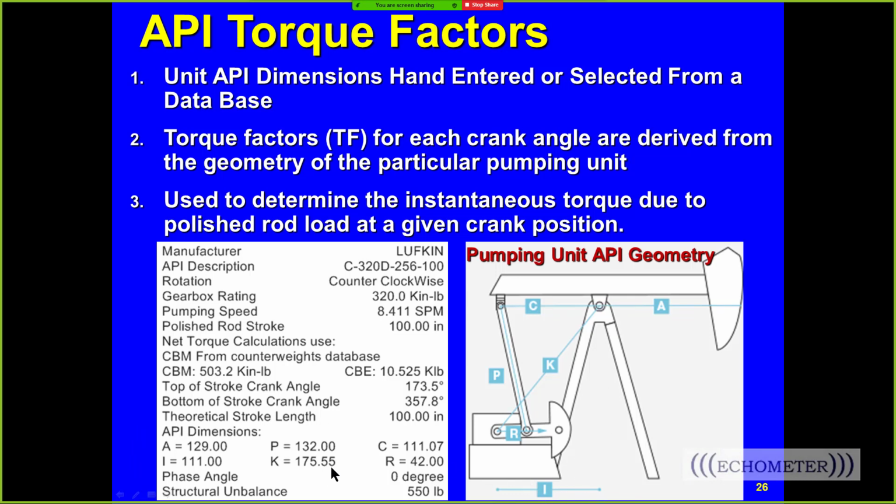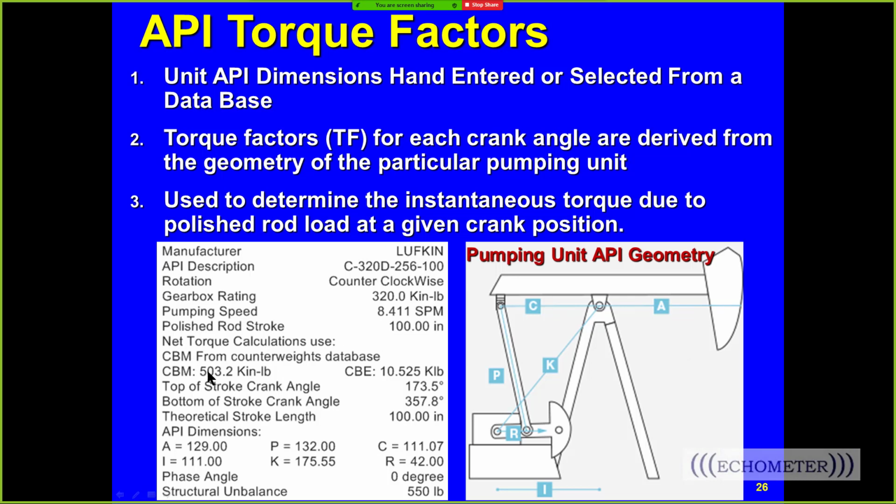And there's a thing called structural imbalance, and if the structural imbalance is positive, then that means it's going to make the rod loading lighter. If it's negative, it's going to make it heavier. We'll talk about that a little bit.